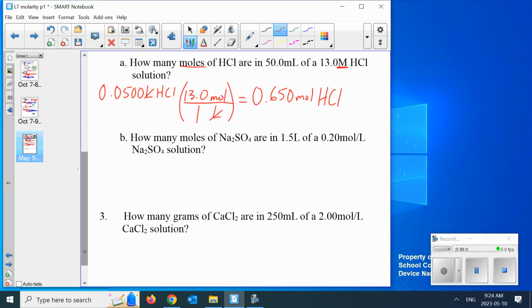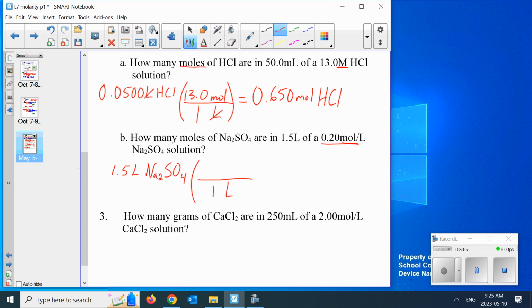This one here is realistic though. How many moles of sodium sulfate in 1.5 liters? Okay, it's already in liters, no need to change it. And I've got the concentration in moles per liter. So that's good. So I'm going to start with the 1.5 liters of not H2SO4, Na2SO4. I want to get rid of liters, and I know that it's 0.20 moles per liter.